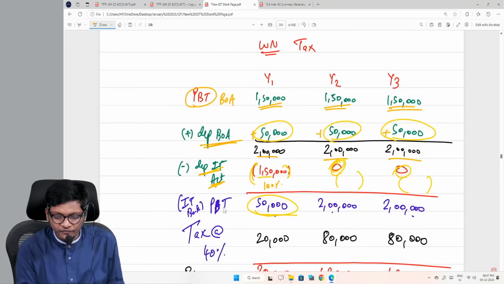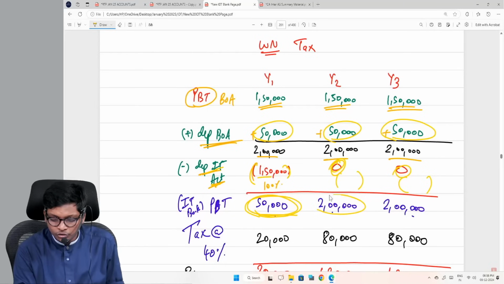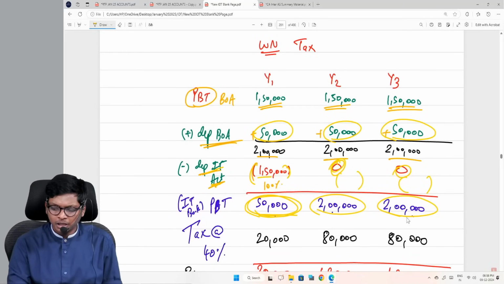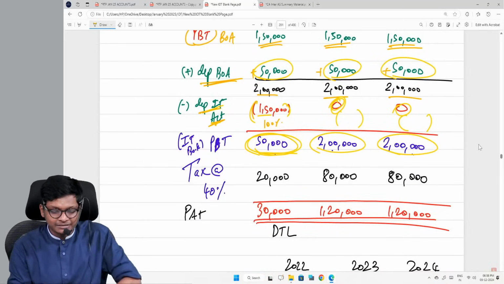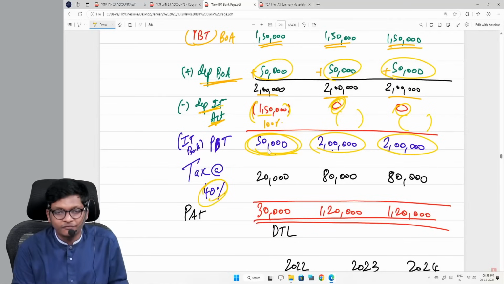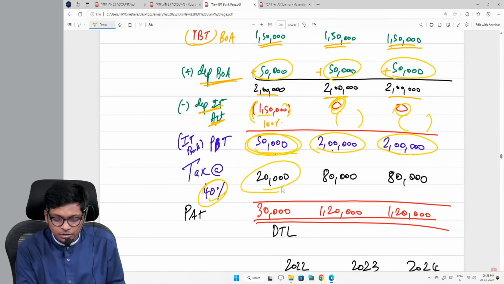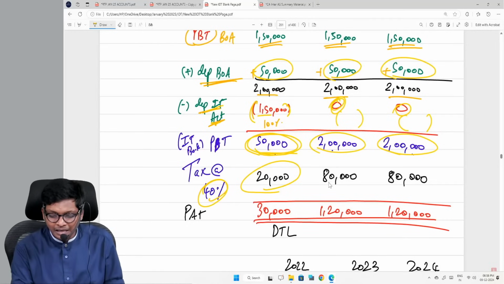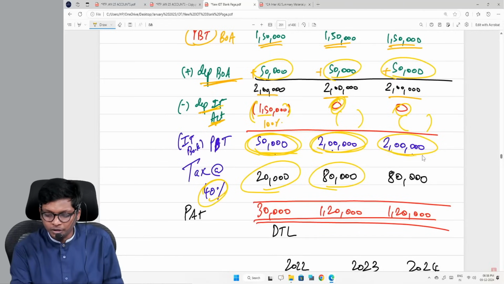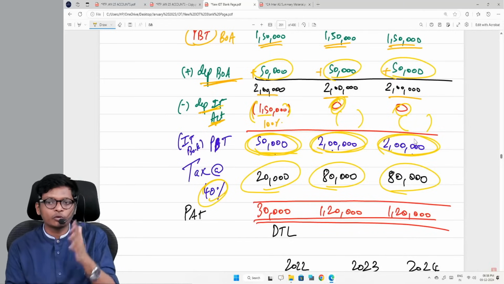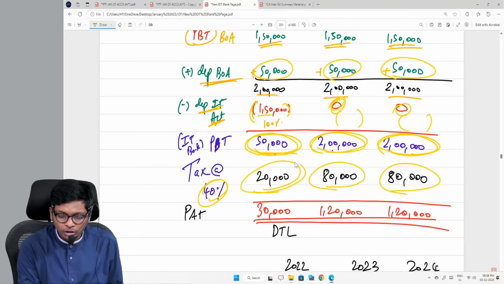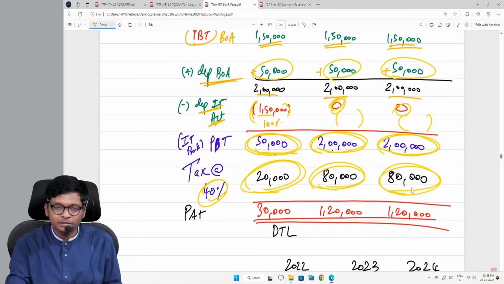So profit before tax is 50,000, 2 lakhs and 2 lakhs. Now as per income tax, I apply the tax rate of 40%: 40% of 50,000 is 20,000, and 40% of 2 lakhs is 80,000. So 10% is 20,000, into 4 is 80,000. That's how I got 20,000, 80,000, 80,000.